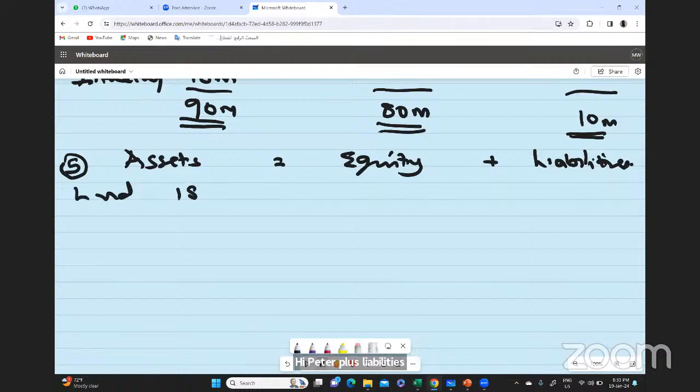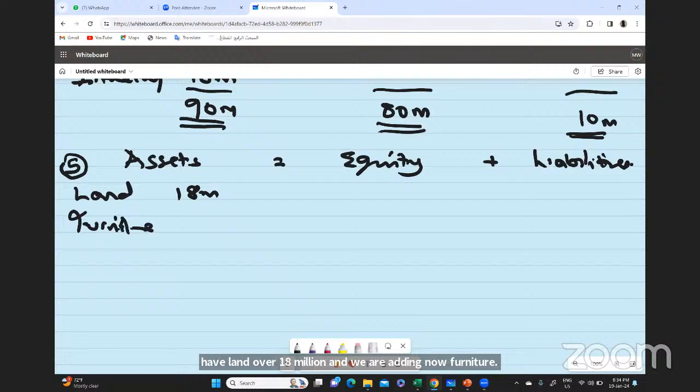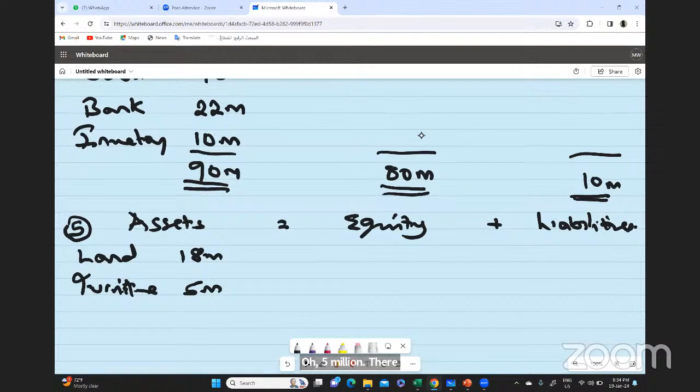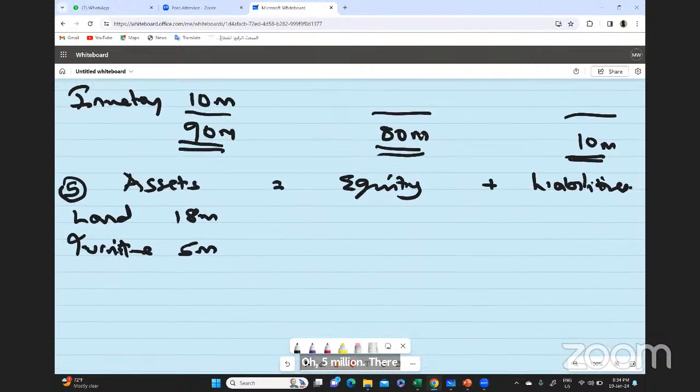We have land of 18 million and we are adding now furniture. Furniture of how much? Of 5 million. The rest are going to stay the same. Cash of 40.